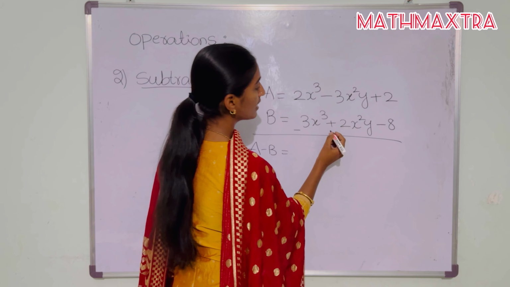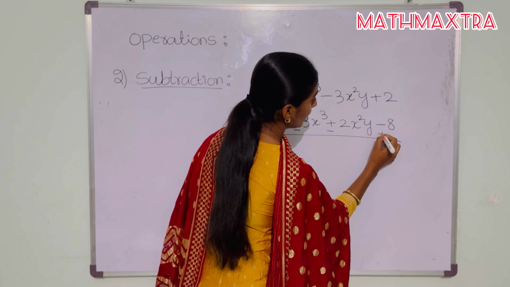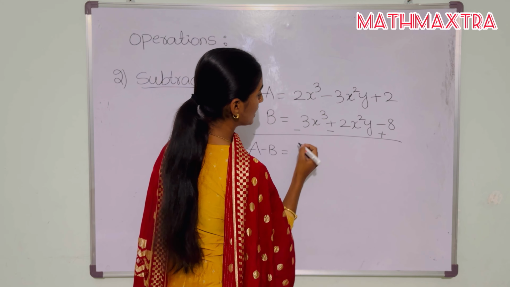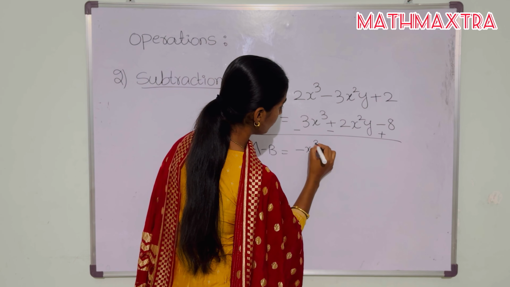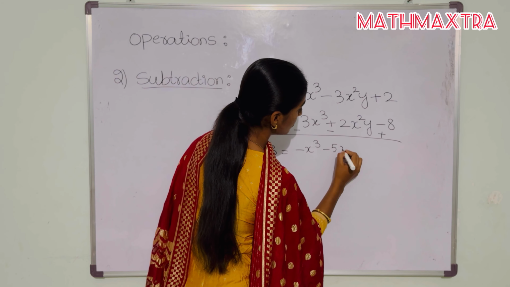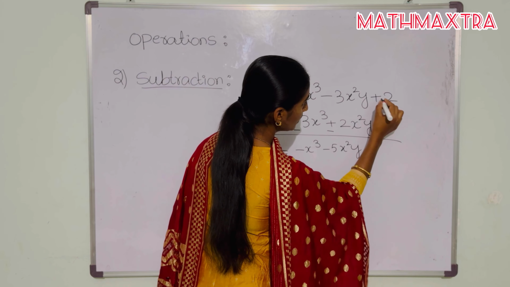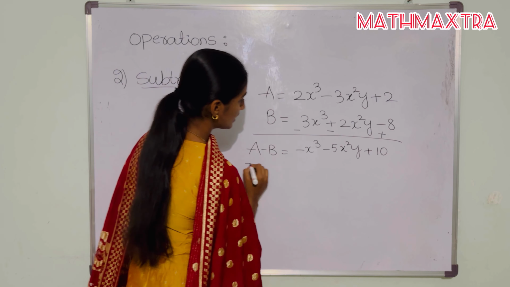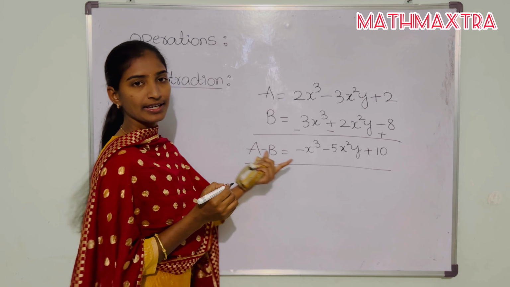That is why the signs are getting changed. Now you add those two: 2 minus 3 is minus x cube, minus 3 minus 2 is minus 5x square y, plus 2 plus 8 is plus 10. So this is how we define a minus b.